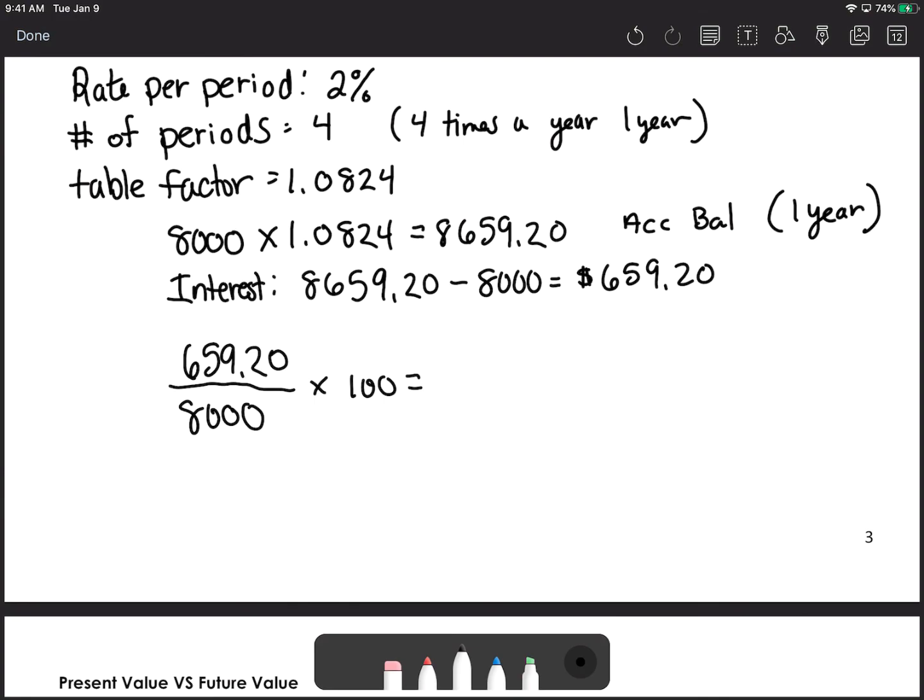When we do that, we're going to get 8.24%. So this represents our APY, which is the amount of interest that's earned just in that first year based on the principal, the percentage of the interest earned based on the principal.